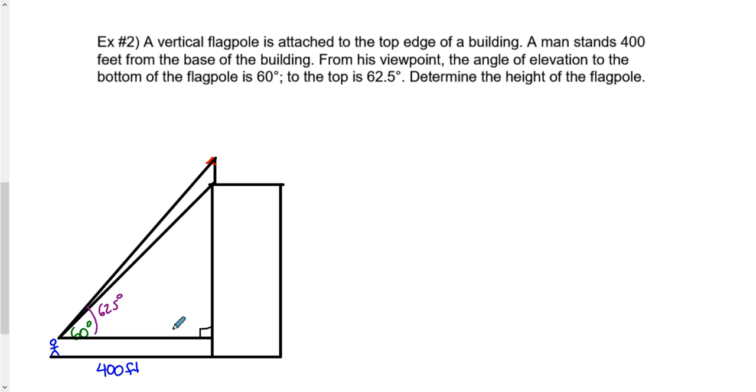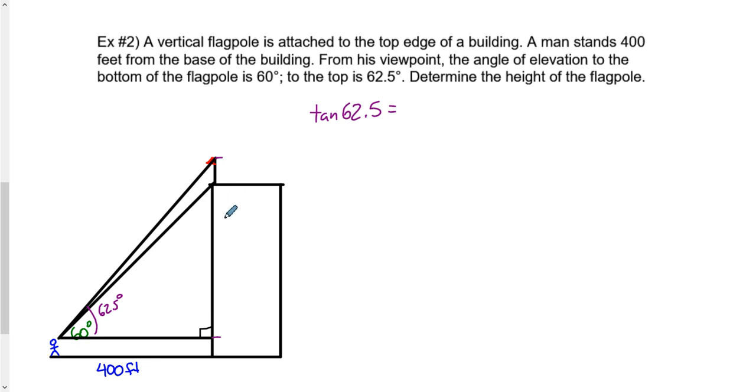We have an angle, we have the adjacent. Oh, we're going to calculate two opposite sides. So if we want to find out what the entire height here is, so calculate the height from here to the top of the flagpole, we'd be taking the tangent of 62.5, equaling the opposite side, which I don't know.